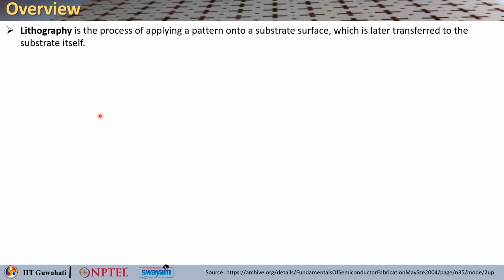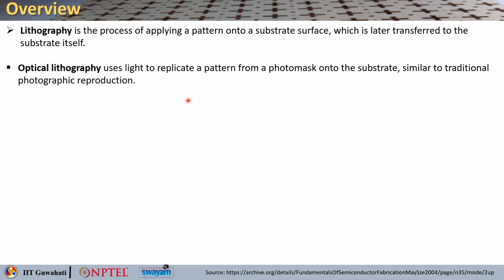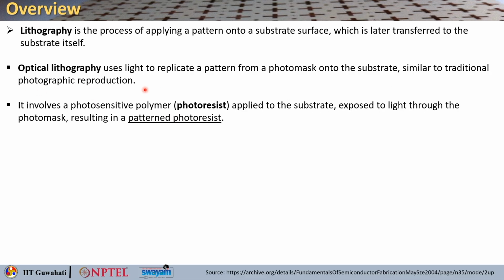So, lithography is the process of applying a pattern onto a substrate surface, which is later transferred to the substrate itself. When we talk about optical lithography, it basically uses light to replicate a pattern from a photomask onto the substrate, similar to the traditional photographic reproduction.